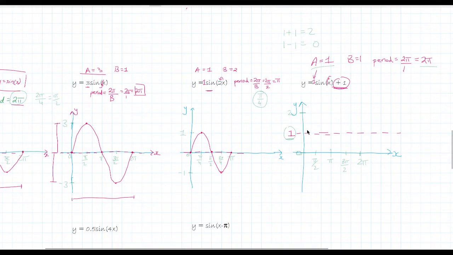So we start from our base here, which is at 1 now instead of at 0. Then our highest point will be at pi over 2 at the value 2. And then at the x value of pi, we'll come back to our base at 1. Then at our x value of 3 pi on 2, our y value would be the most negative at 0. And then at 2 pi, we'll be back at the base at 1.